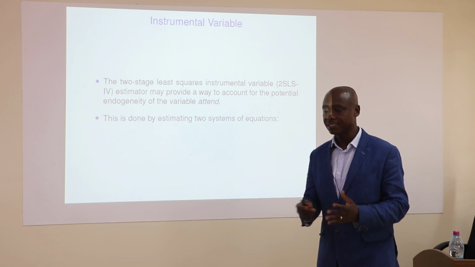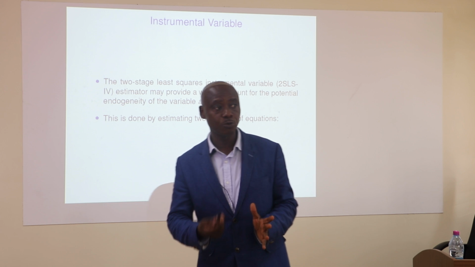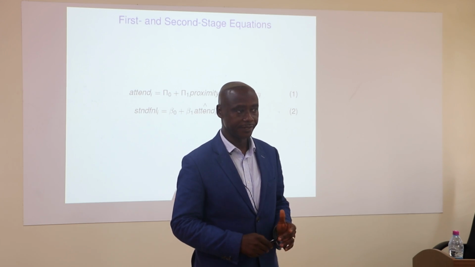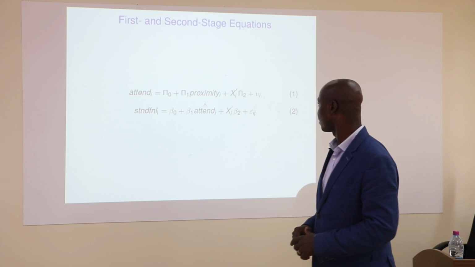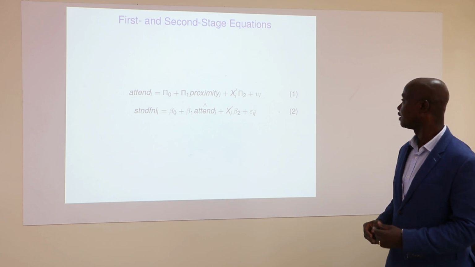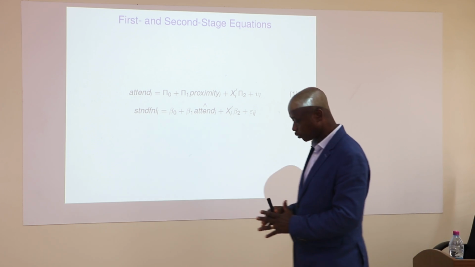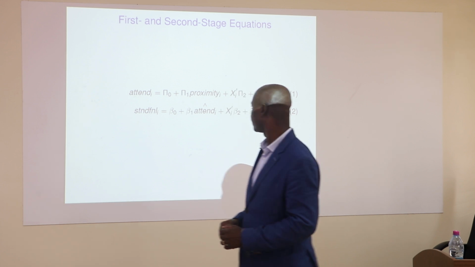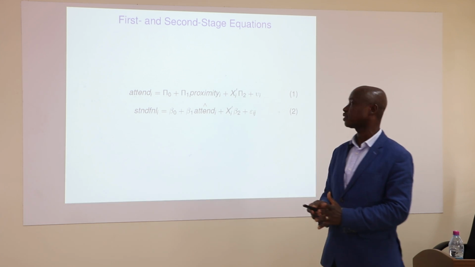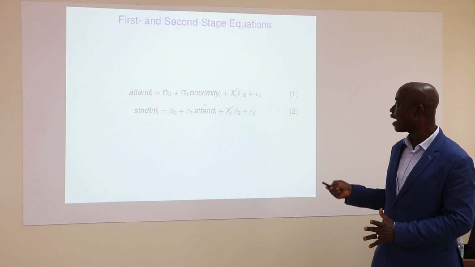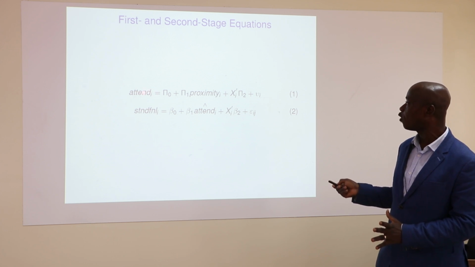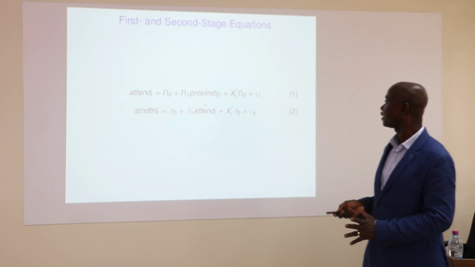This is done by estimating two equations, the first stage and the second stage. The first stage looks at the effect of our instrument, proximity, on attendance. And the first stage helps us to isolate that part of attendance that is uncorrelated with the error term.